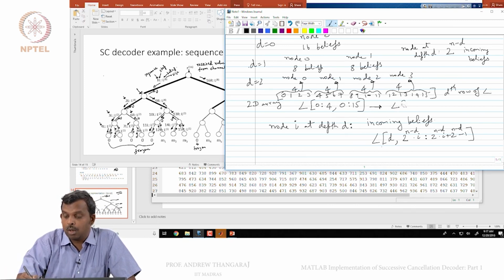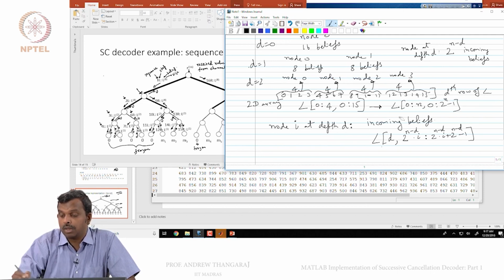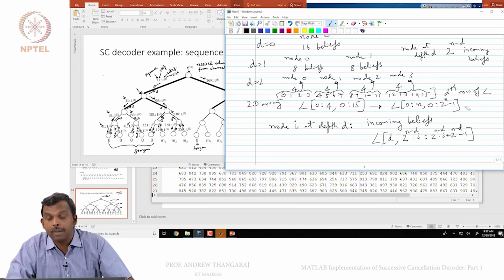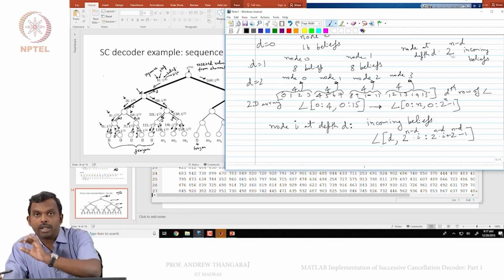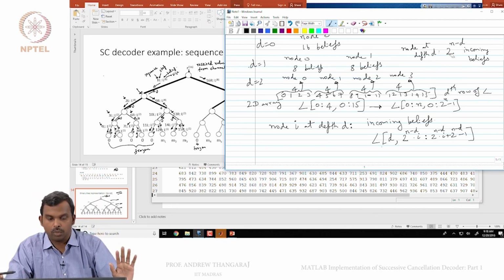In general it will be L of 0 colon n comma 0 colon 2^n minus 1. That will be the size of this array, and the depth d is associated with 2^(n-d) incoming beliefs. And how do you store those? You store it as one row vector, but different chunks of it you associate with different nodes. Okay, so this is how we do the beliefs.